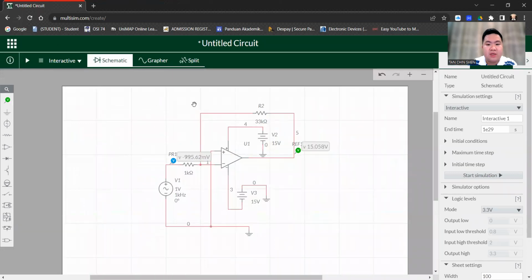This is the circuit, but this one is inverting. If I want to make a new one, we need to delete all, then make the changes again.